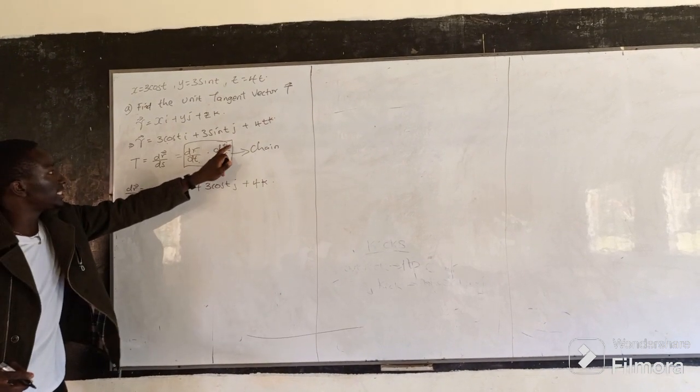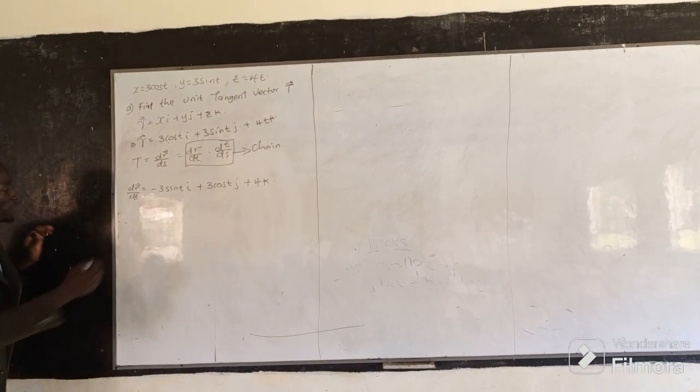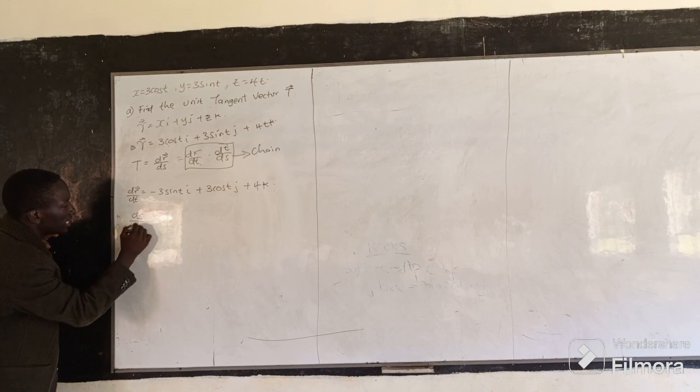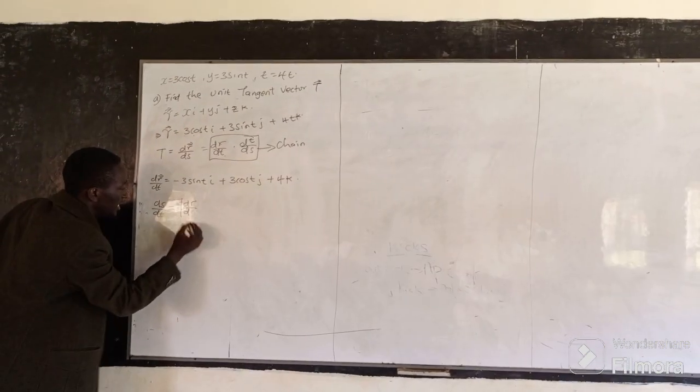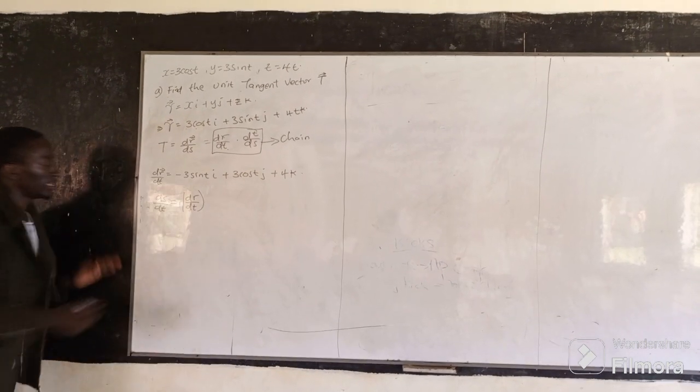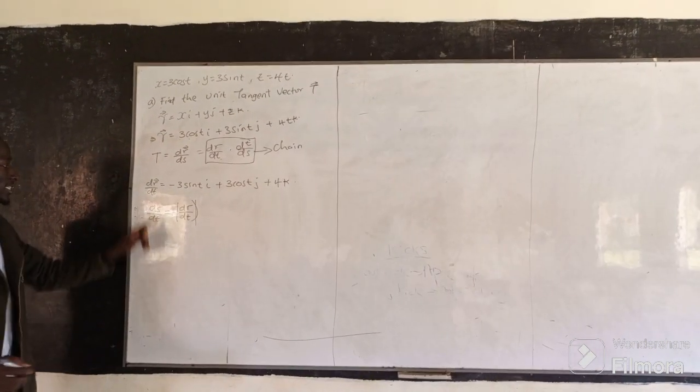Now, to find this dt over ds, I'll use this formula. If you want to find ds over dt, it is always the magnitude of dr over dt. The magnitude, the modulus, of dr over dt.